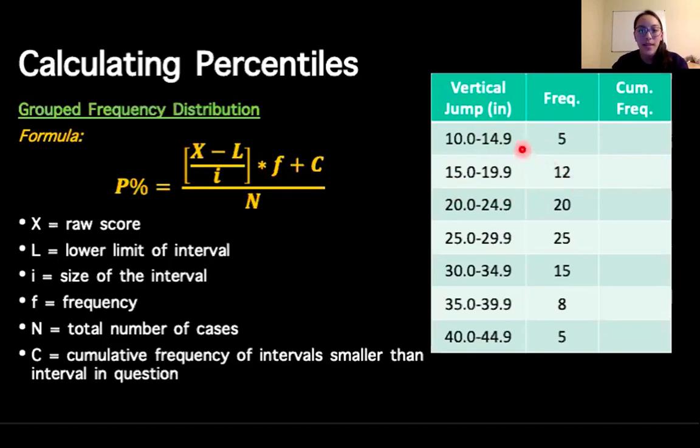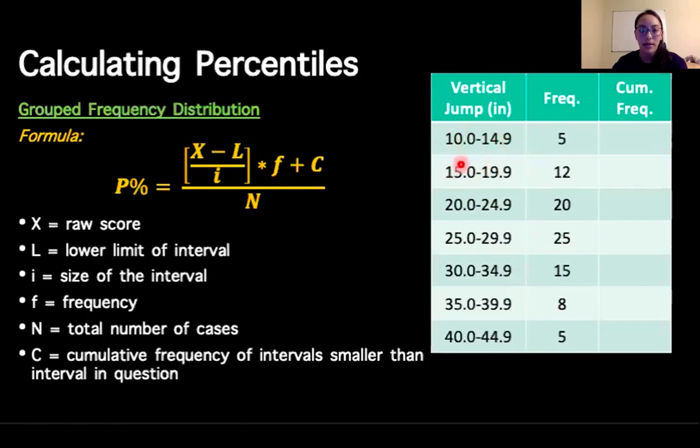So sometimes in Excel, if we have a lot of continuous data with multiple decimals, I'll tell you to do the intervals at whole numbers, and then you just have to make sure you don't include, say, 15 in both of your calculations if the intervals are 10 to 15, because then you'd be counting people multiple times. But for this example, this is how we have stuff set up.